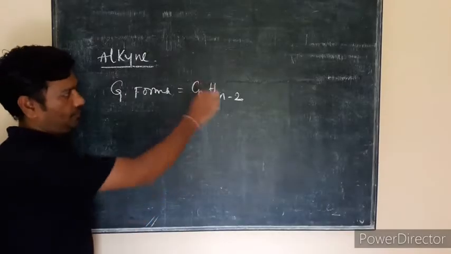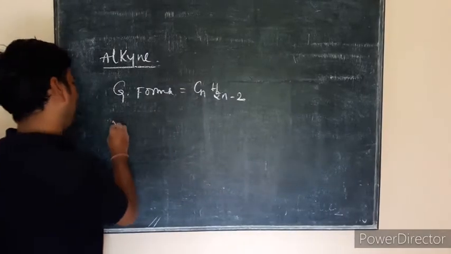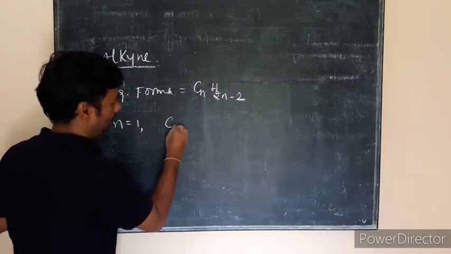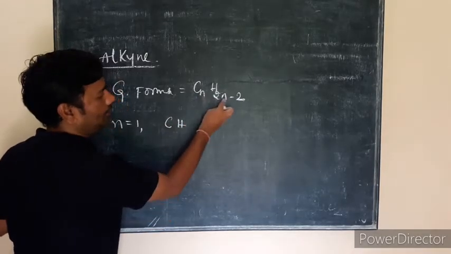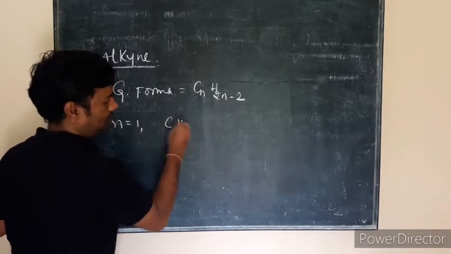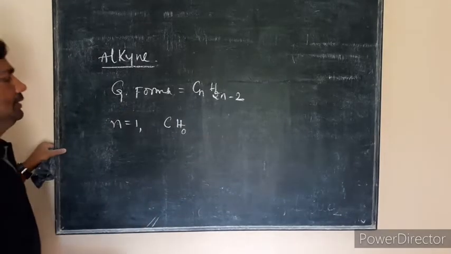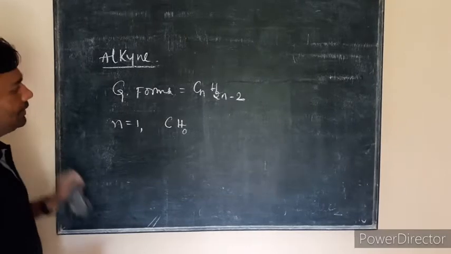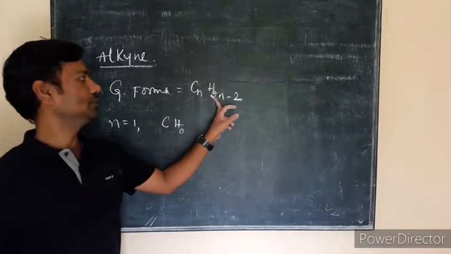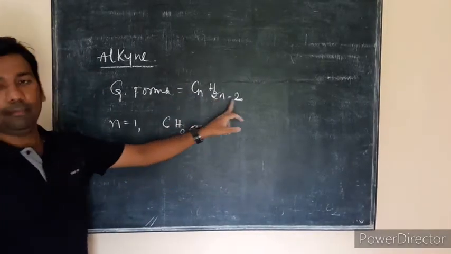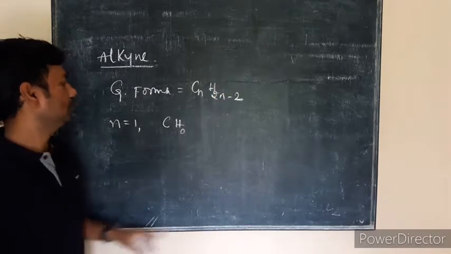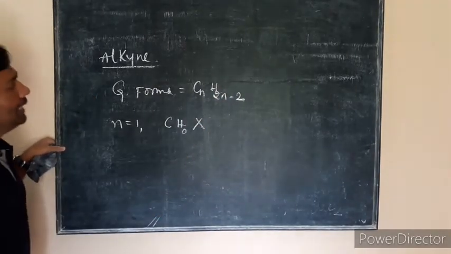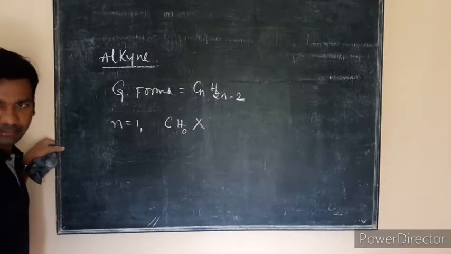CnH2n minus 2. For example, if you consider n is equal to 1, then 2 times 1 is 2, and 2 minus 2 gives 0 hydrogens. So the first member of the alkyne is not methyne.